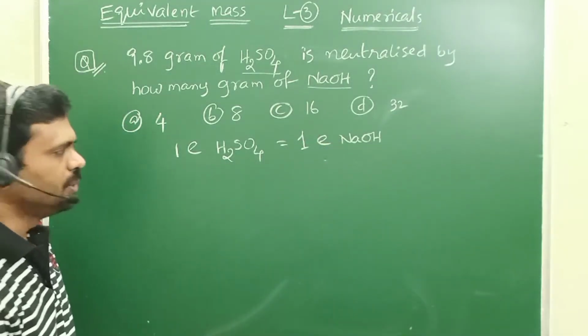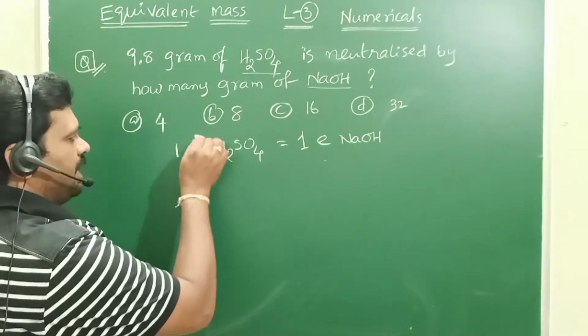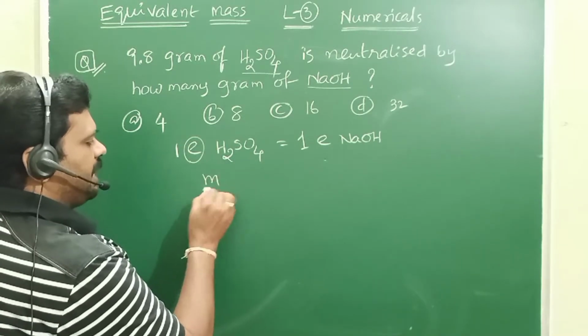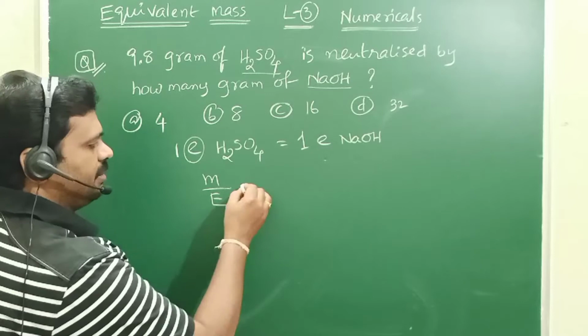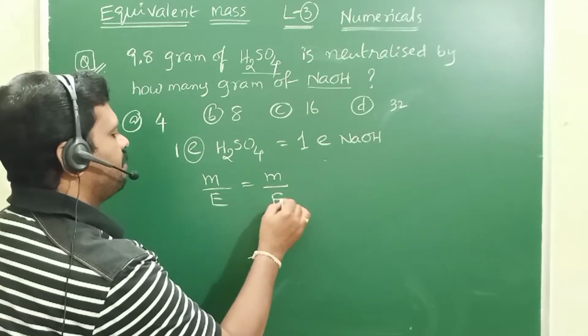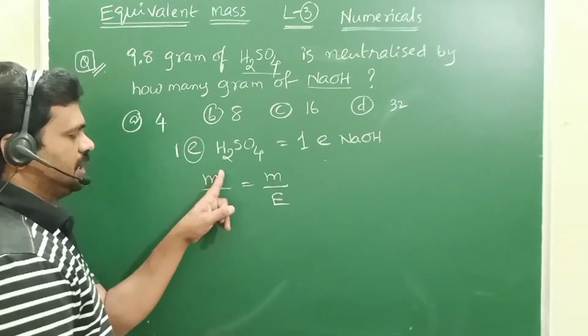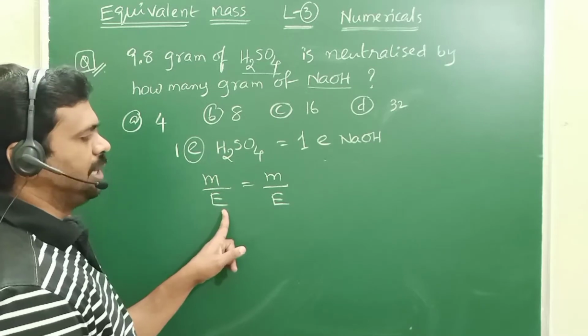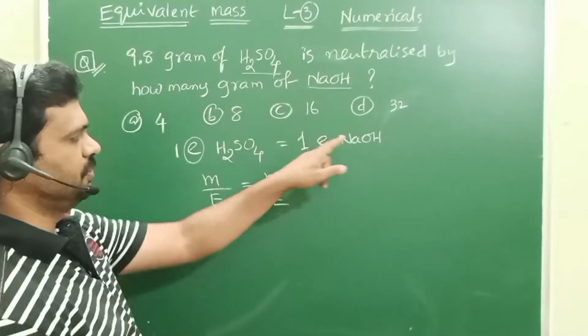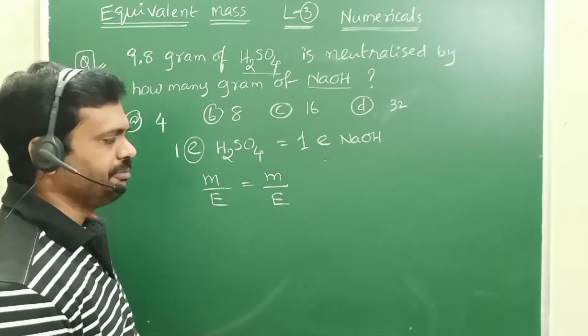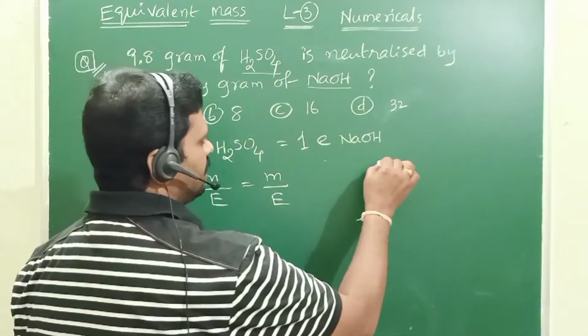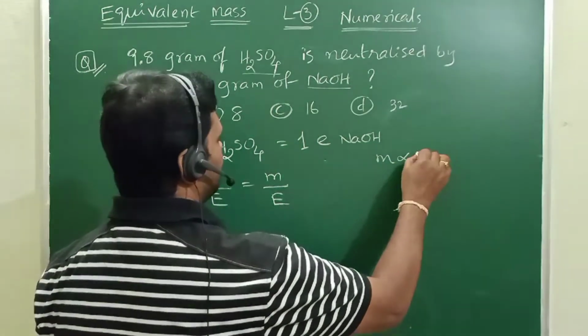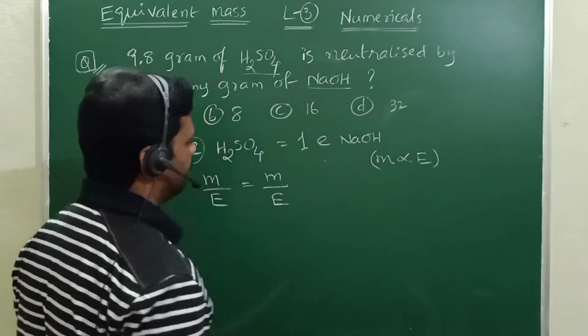That is the concept. So mass divided by capital E of sulfuric acid equals mass divided by capital E of sodium hydroxide. In the last class we completed that mass is directly proportional to capital E.